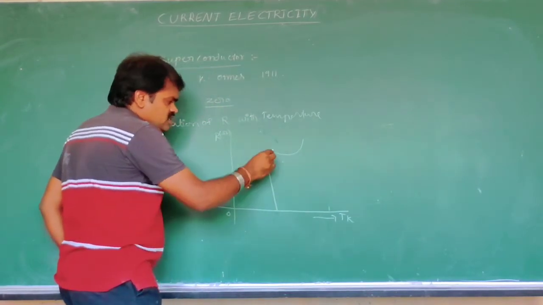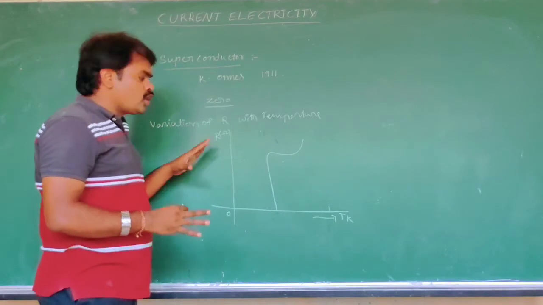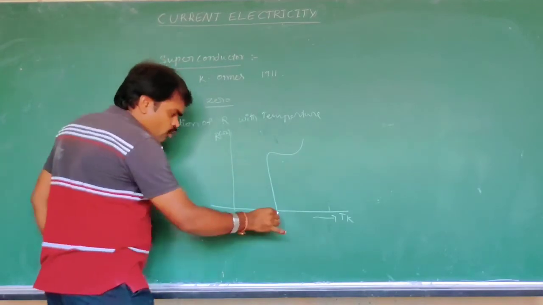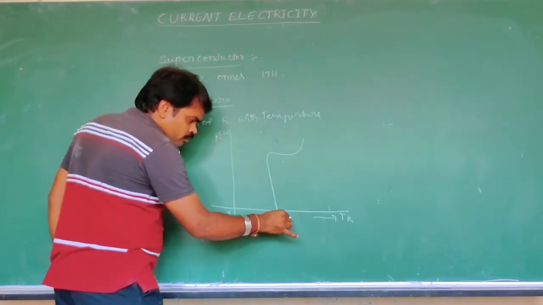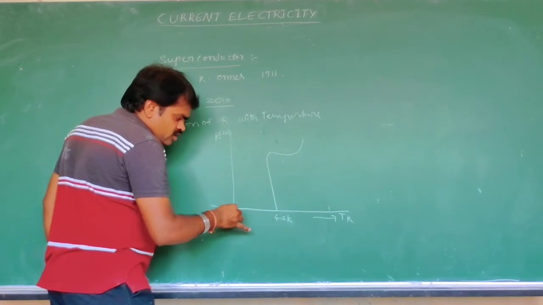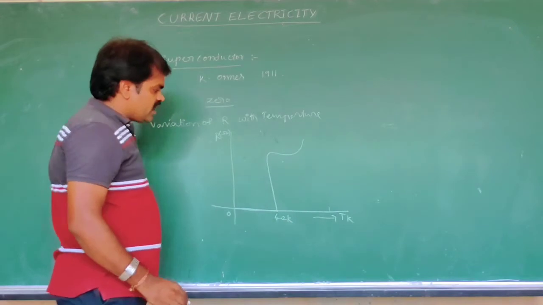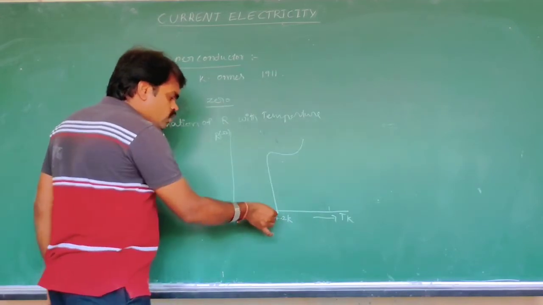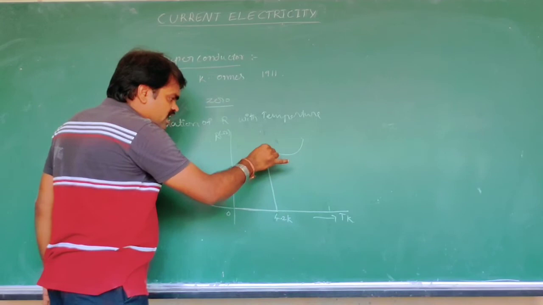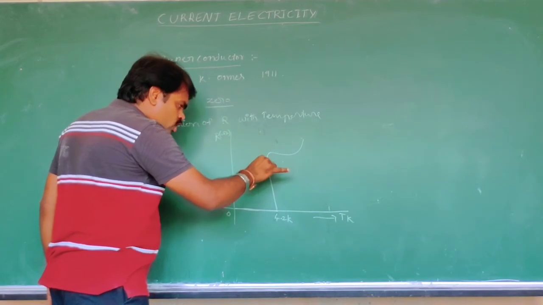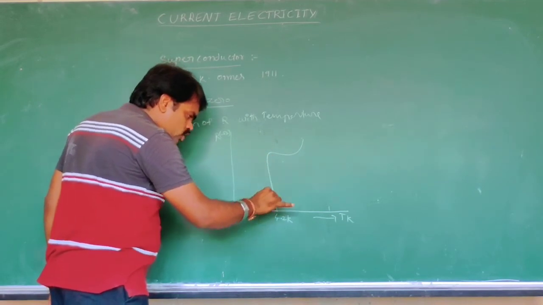This is the graph for mercury at 4.2 Kelvin. Below this temperature, mercury acts as a superconductor, because below 4.2 Kelvin the resistance of mercury abruptly drops.